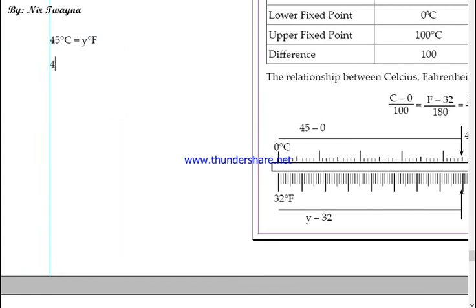So you can write 45 degree Celsius minus 0, where 0 is the lower fixed point, must be equal to Y minus 32.